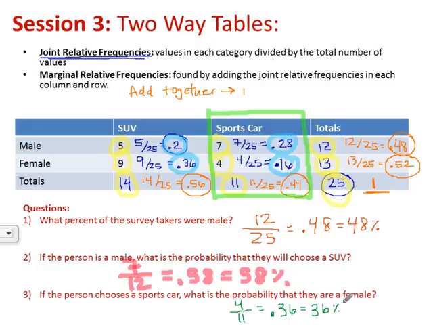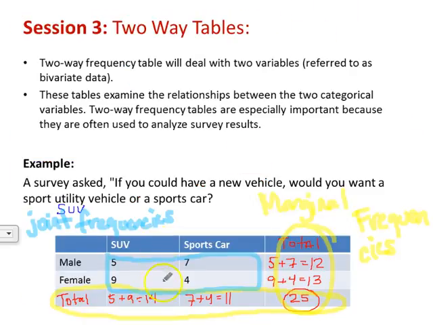So you're going to be looking at two-way tables this week and answering lots of different questions about them. Again, just to see what we did so far, we looked at how we can have a two-way table with just joint frequencies and marginal frequencies, so just taking the total numbers.